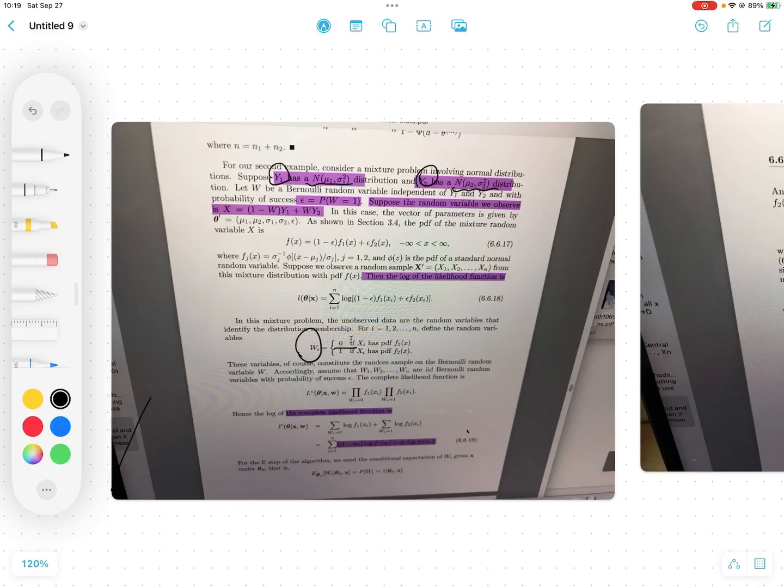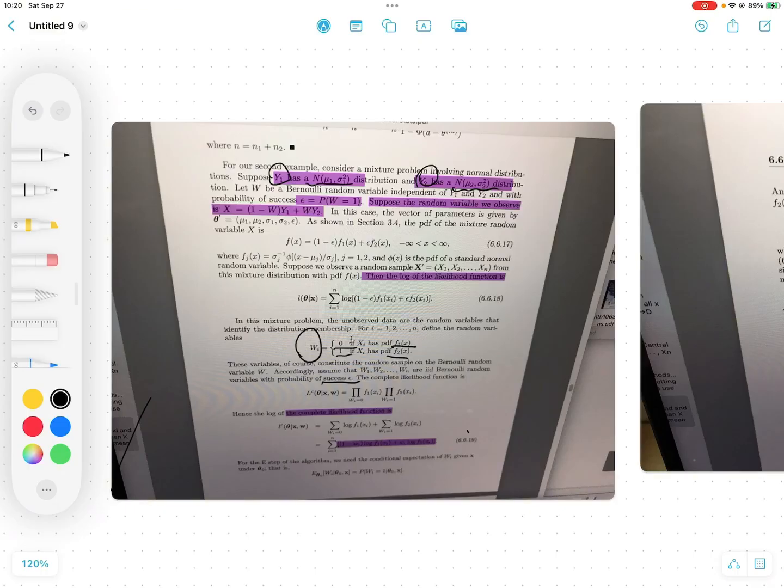If it is 0, it's from f1, and if it's 1, it's from f2. And in some scenarios, we don't know the exact success probability of this Bernoulli random variable, but sometimes we know that.